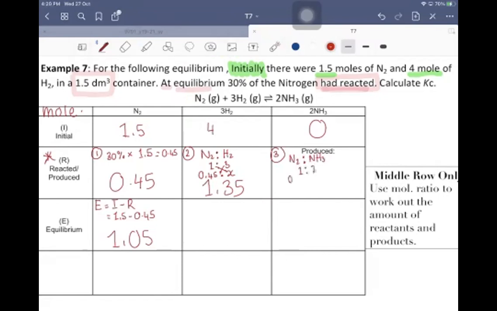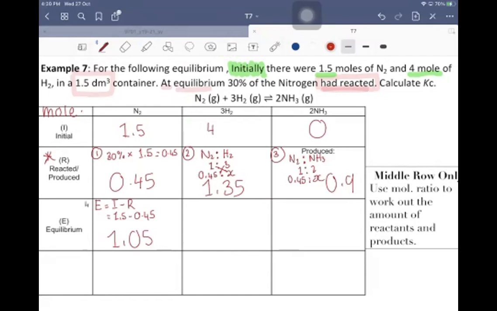If your nitrogen was 0.45, how many moles of ammonia would you have produced? And this turns out to be 0.9. Okay, so try to separate your working and your answer so that you don't get confused. Your answer, write it as big as possible. Okay, so that's step number 3.